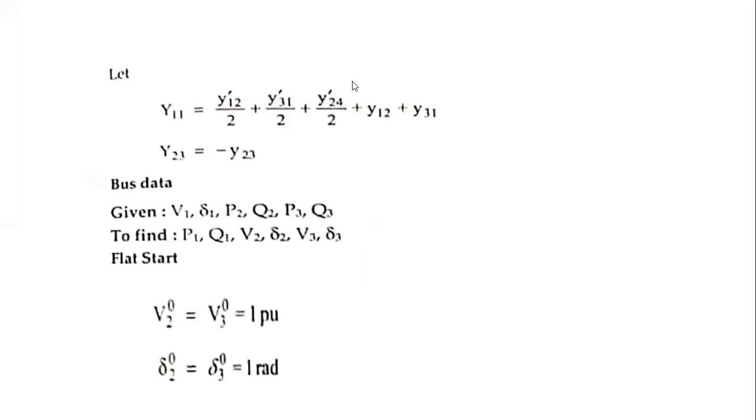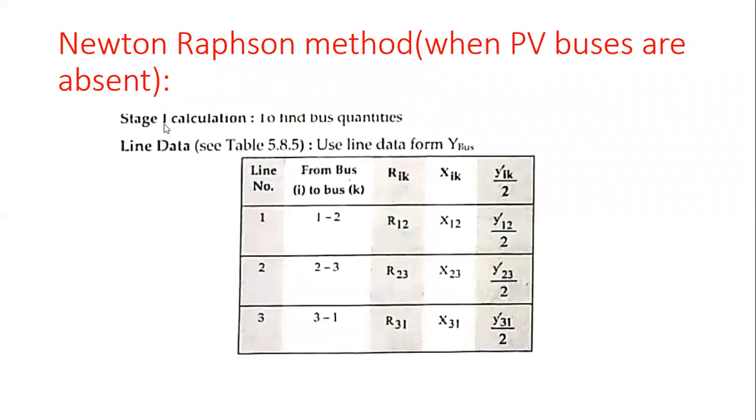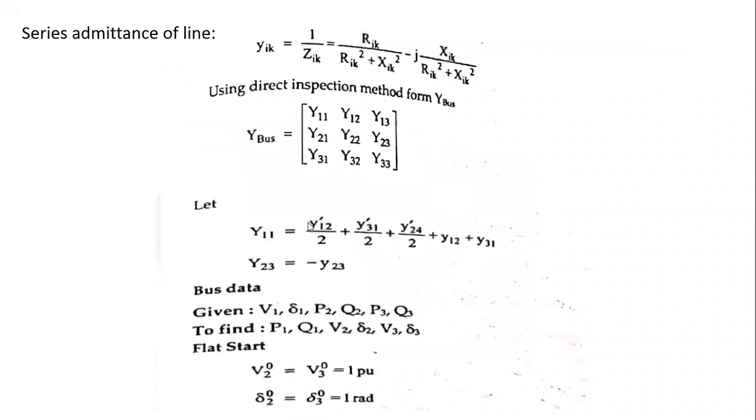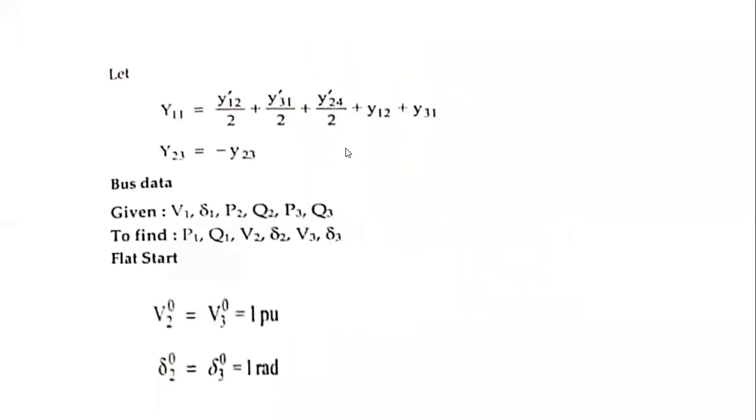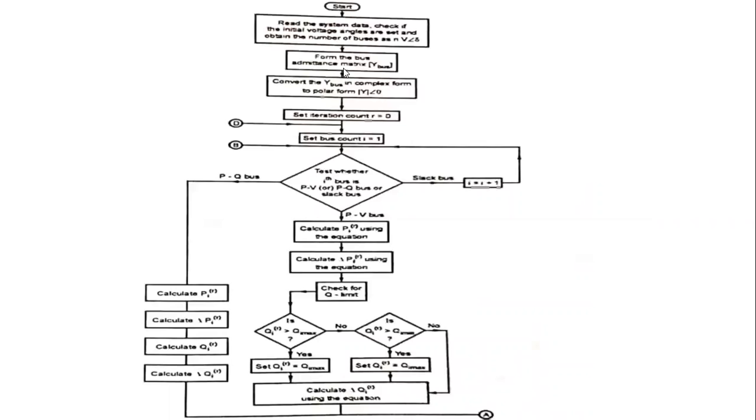First we observe the line data, start the program and study the line values. After that, we form the Y bus matrix. Next, convert that Y bus from the complex form to polar form.